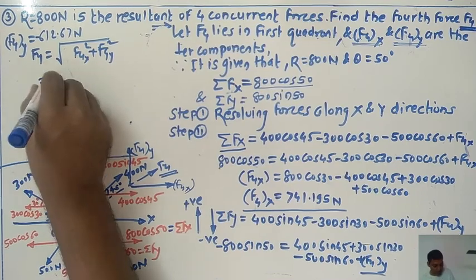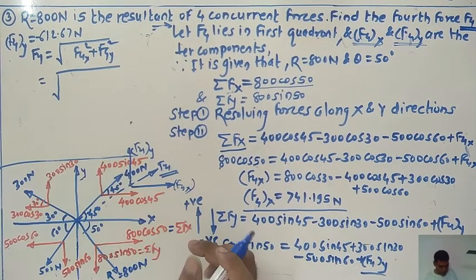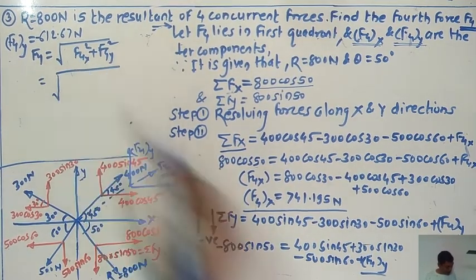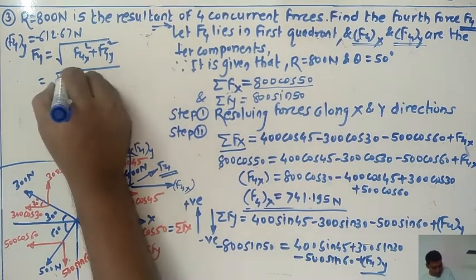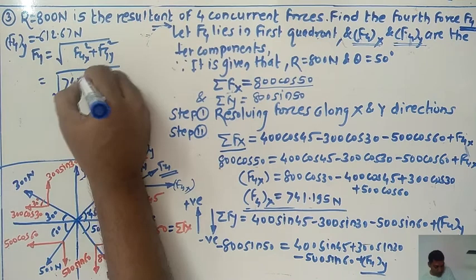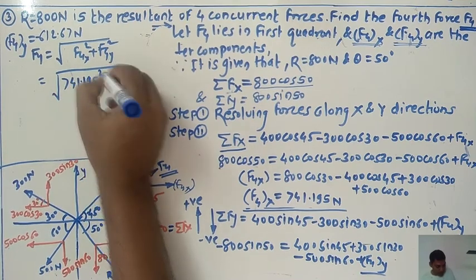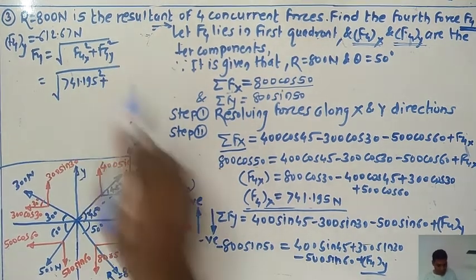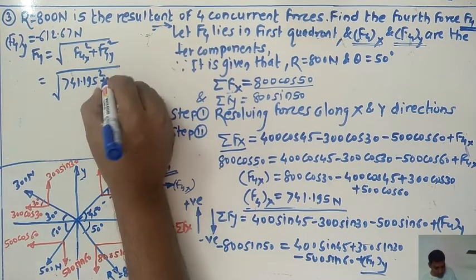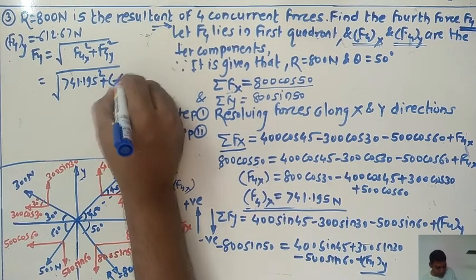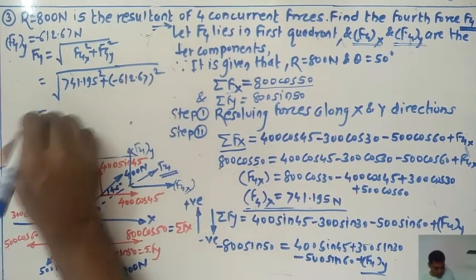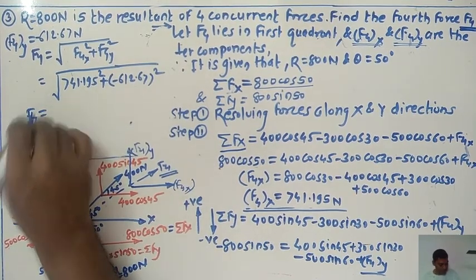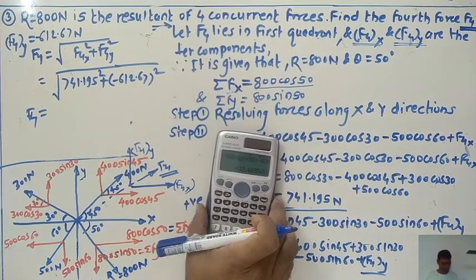All the values are with us. F4x is already here, 741.195, do the square of this. Next, F4y is 612.67, bracket square of this, to get the value for the fourth force. Our target is to get the value for the fourth force.